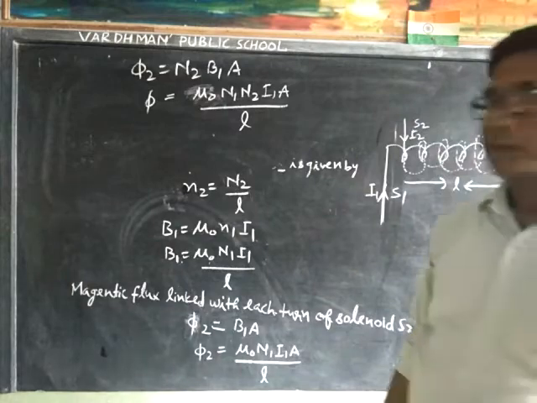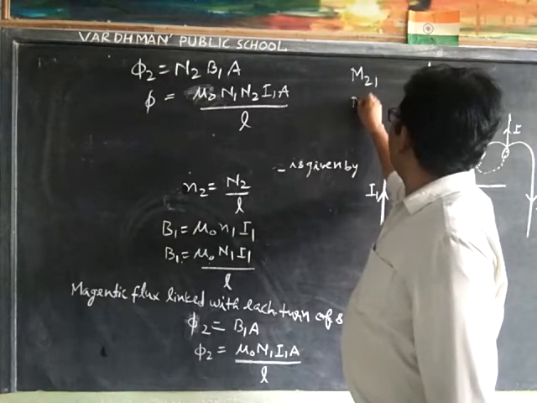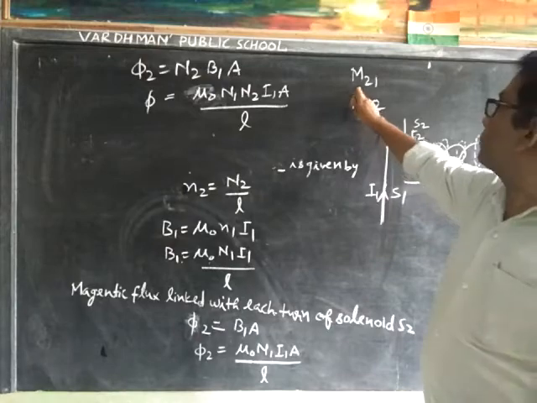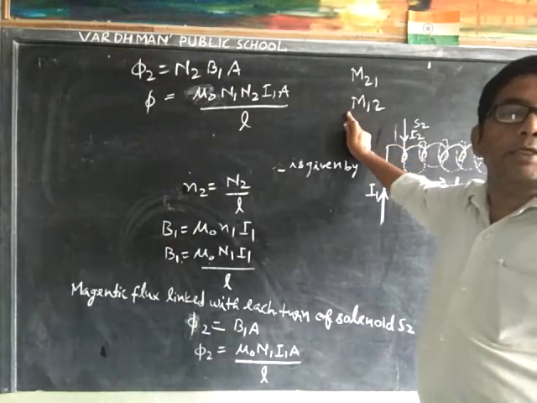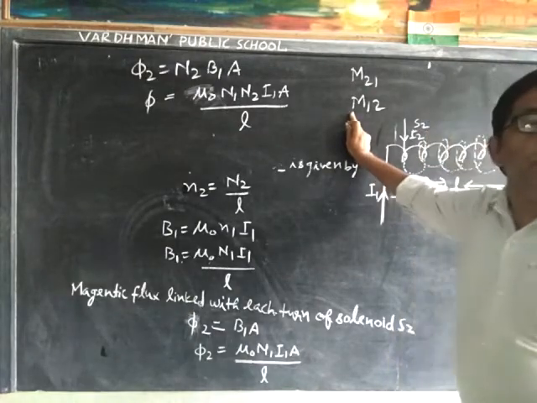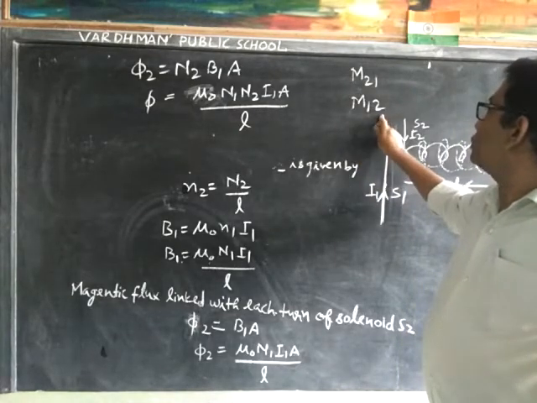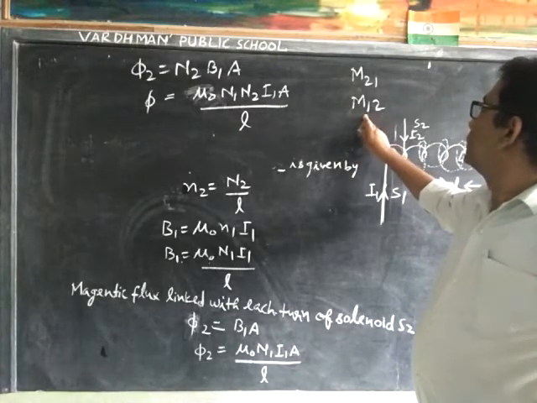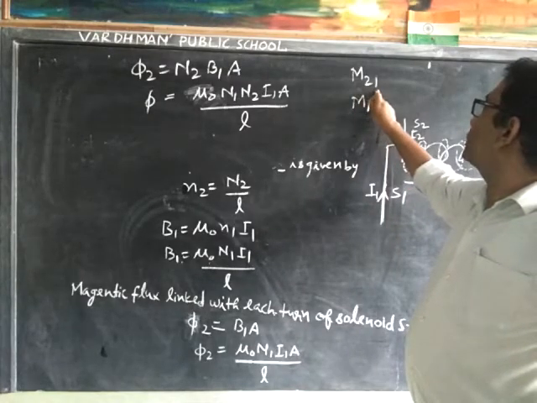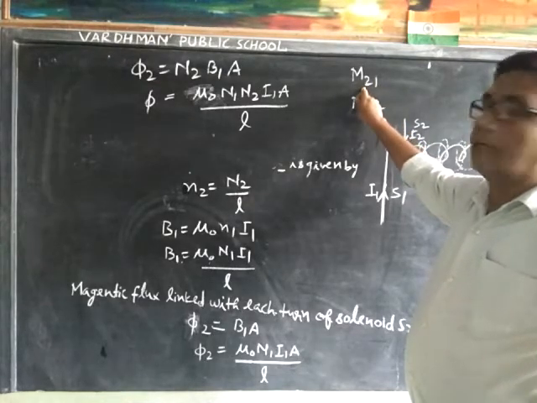Let M21 and M12 be the mutual inductances. M12 is the mutual inductance of coil S2 with respect to coil S1, and M21 is the mutual inductance of coil S1 with respect to coil S2.